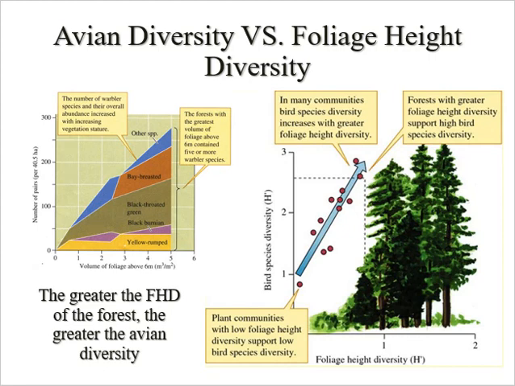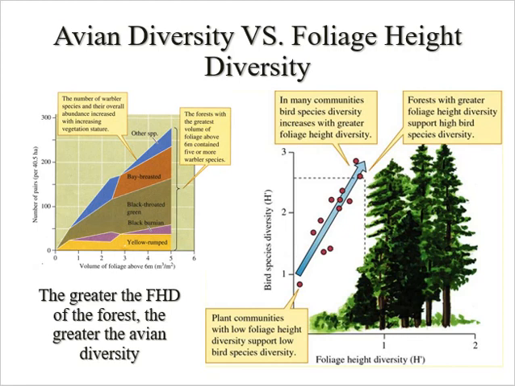Now, he and his colleague and kind of sidekick, John MacArthur, measured foliage height and avian diversity in 13 plant communities in northeastern North America, Florida, and Panama. And the vegetative communities that they evaluated ranged from grassland habitats to mature deciduous forests.